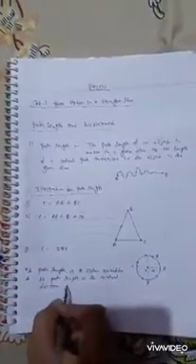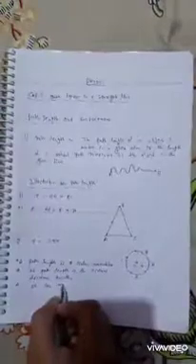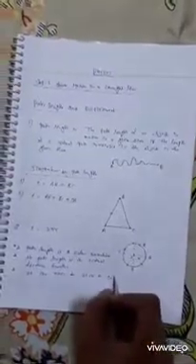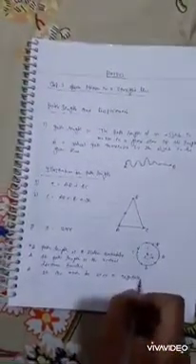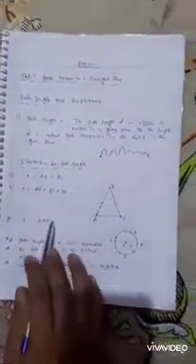The path length is the actual distance traveled, and it can never be 0 or negative. I hope I am clear with the topic of path length.